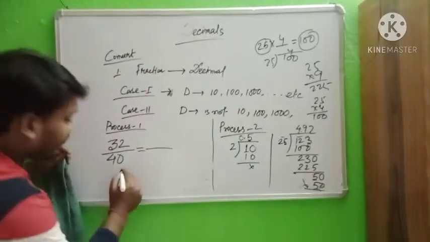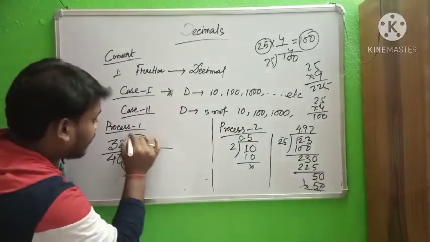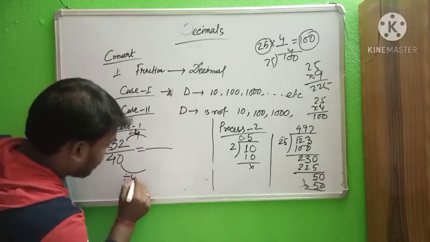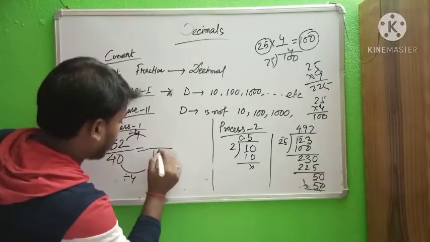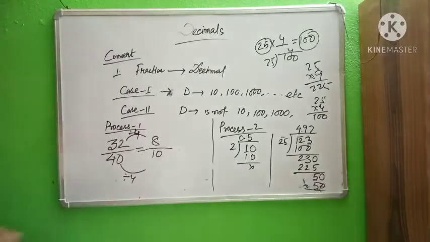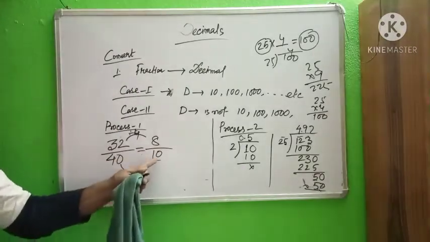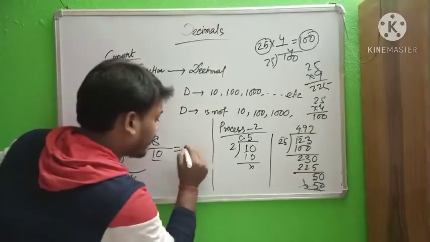So we divide numerator and denominator by 4, then it becomes 8 by 10. We can easily convert this into a decimal.